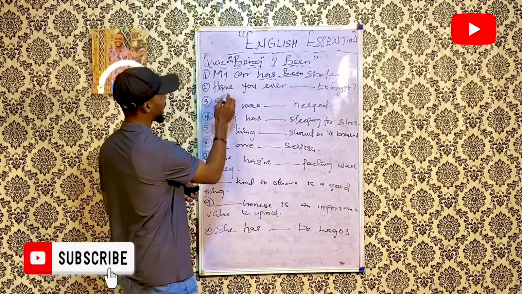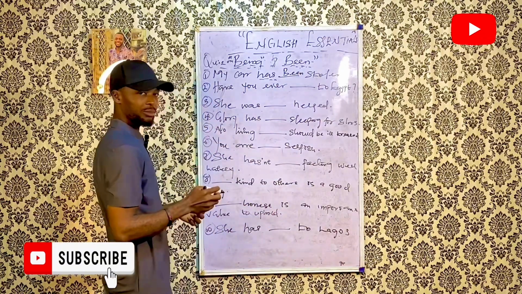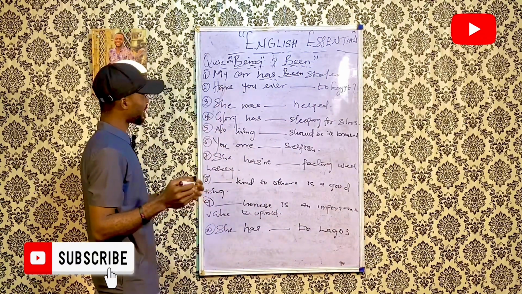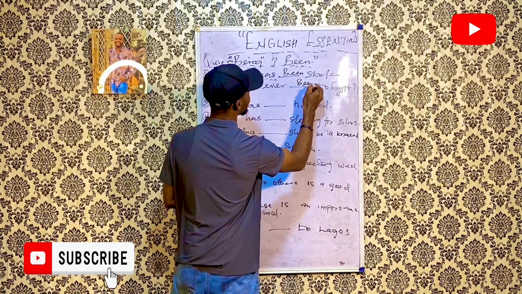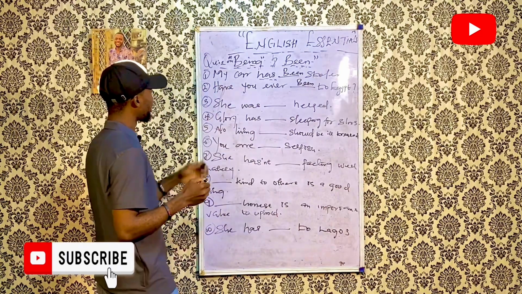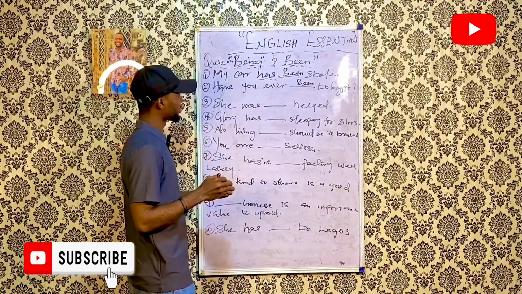So let's go to number two. Number two says, "Have you ever dash to Egypt?" Because of this "have" here, we are going for "been". Have you ever been to Egypt? Okay, number three says, "She was dash helped."